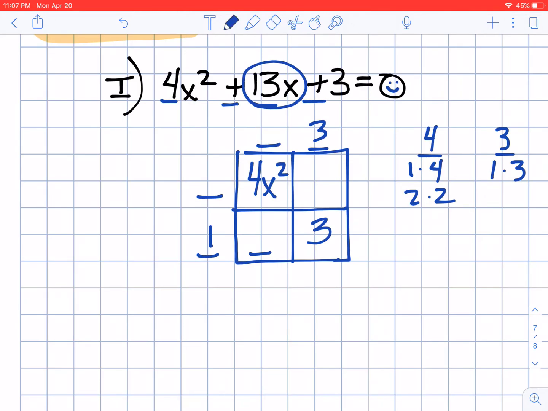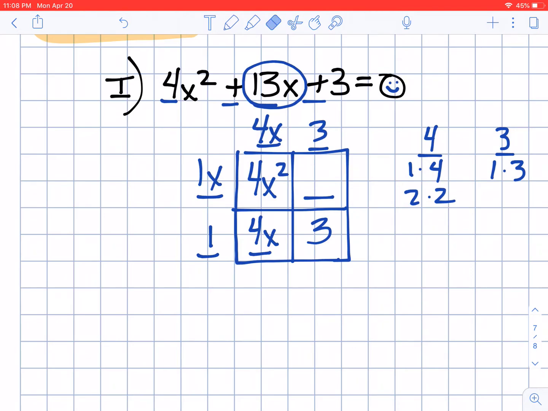Now the 1 and 3 again is stuck, but I could put the 4 and the 1x in. And so here we would get 3x, and here we would get 4x. Bummer. Still doesn't work out, because 4x and 3x give me 7 and not 13.